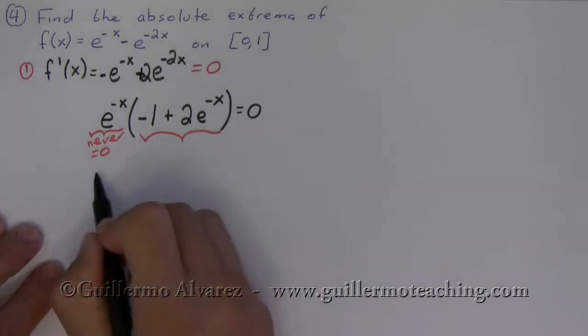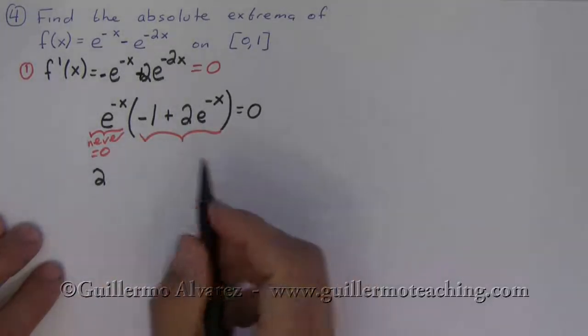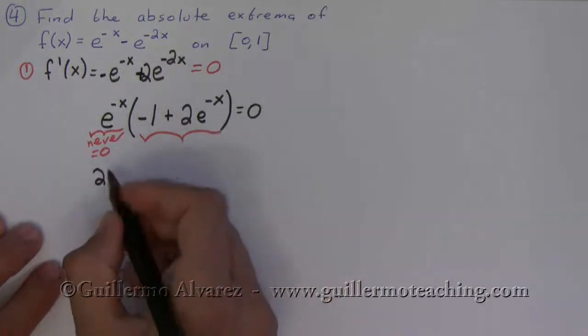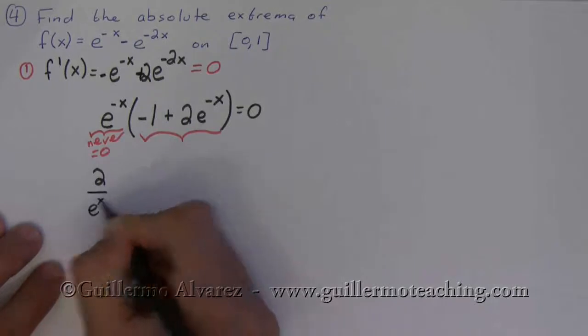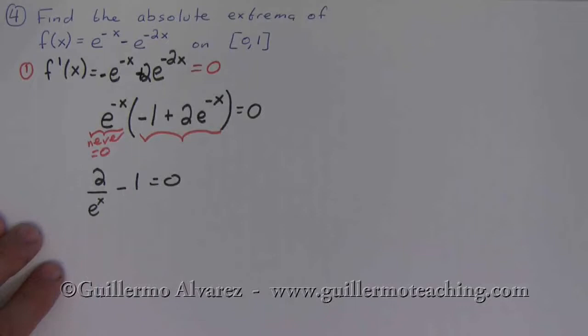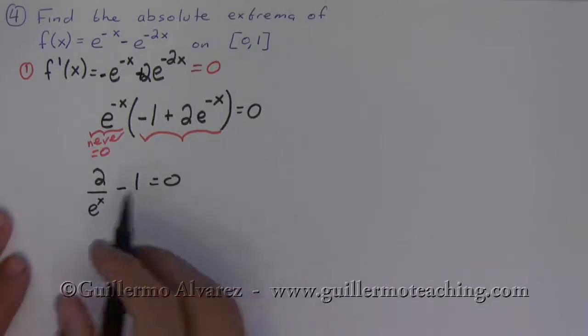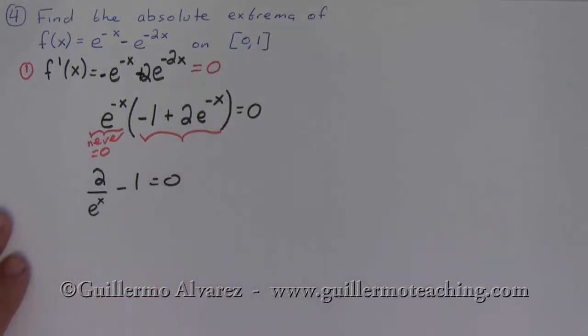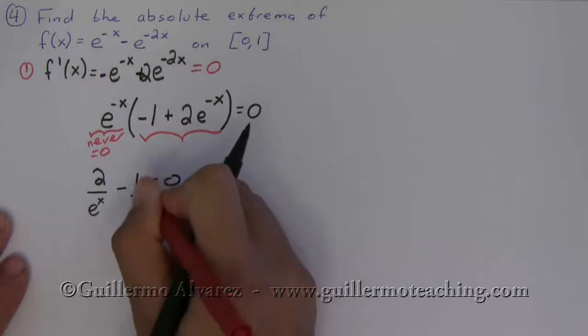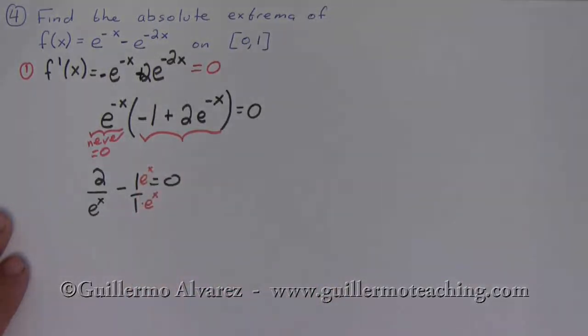So let me rewrite it a tiny bit. What we have is 2 times, let's write it as 2 over e to the x, instead of e to the -x, -1 equals 0. Okay, so if I combine the two fractions, this guy needs an e to the x, top and bottom.